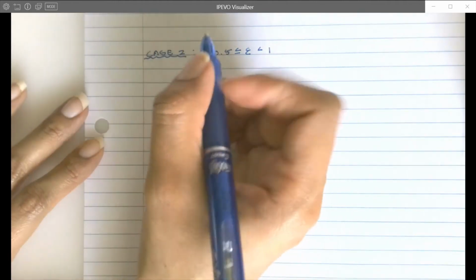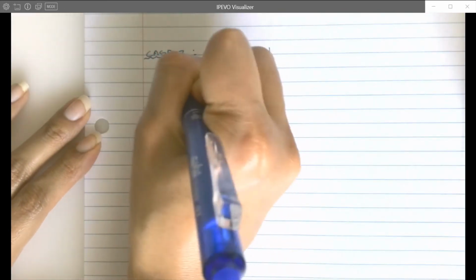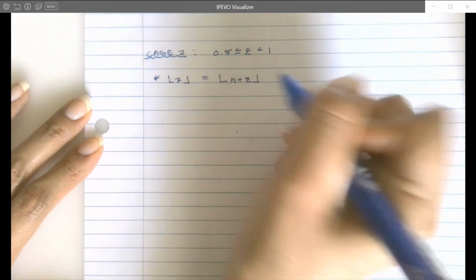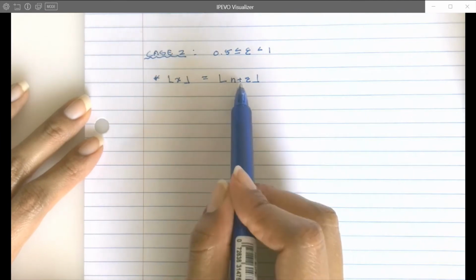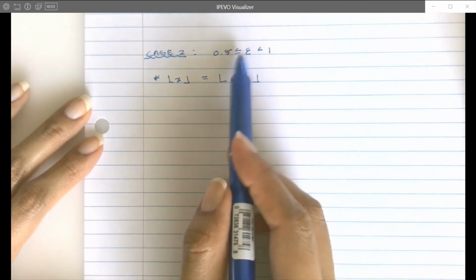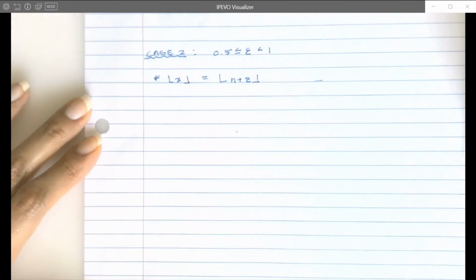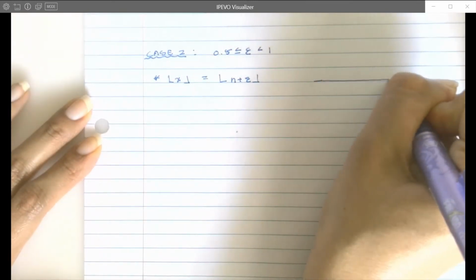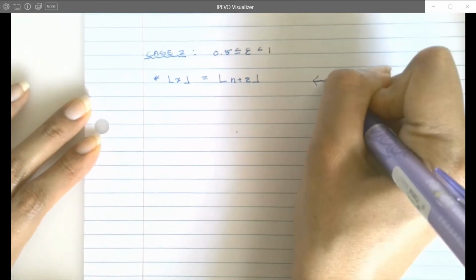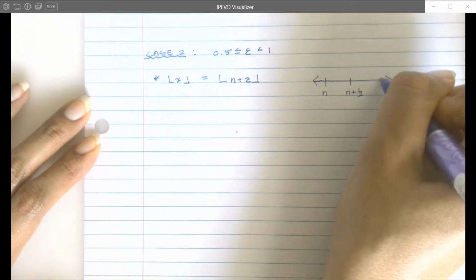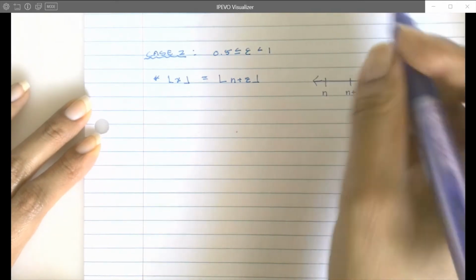Okay, so again, we should take a look at what is the floor of x. Well, the floor of x is going to be the floor of n plus epsilon, because that is what x is represented by, an integer plus some epsilon part, some decimal part. And if we take a look at where that lies on the number line, this would be n, this would be n plus 1/2, and this would be n plus 1.